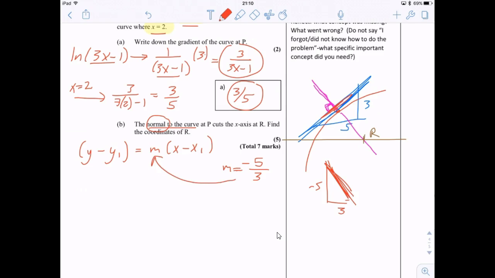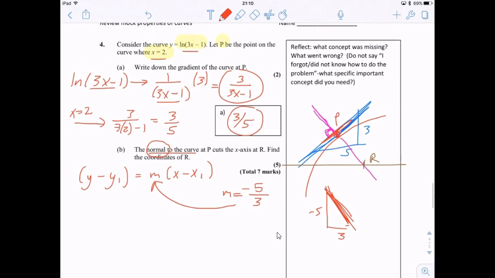And then we want to know the coordinates of this point, P. Well, it turns out that the point P has an x-coordinate of 2. They already told us that, right? Do we know anything else? Do we know the y-coordinate of P? Well, we can figure it out because we have a function which defines a y value for every x value.